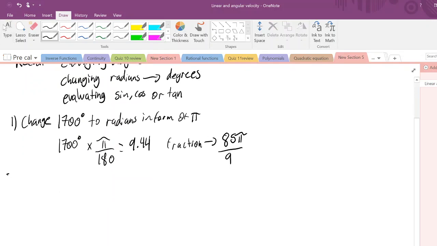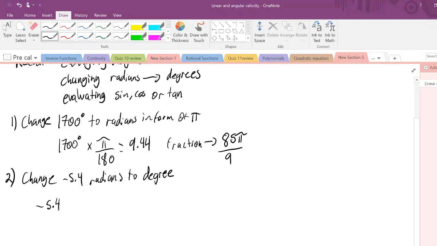So number two is change negative 5.4 radians to degrees. Alright, so all I have to do is just negative. It's the inverse of what we did before.